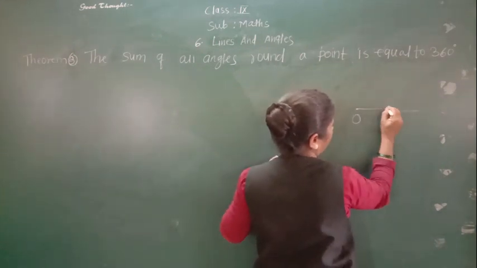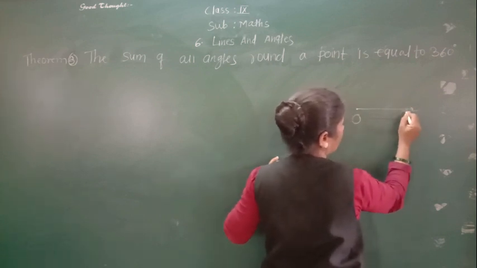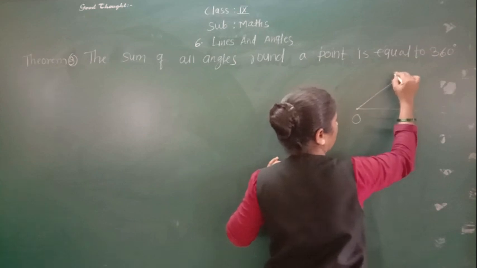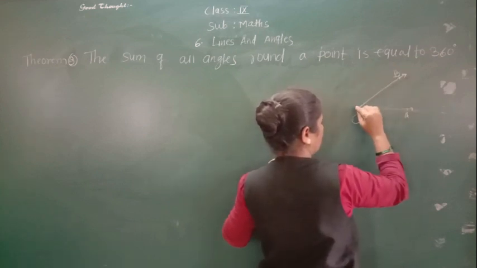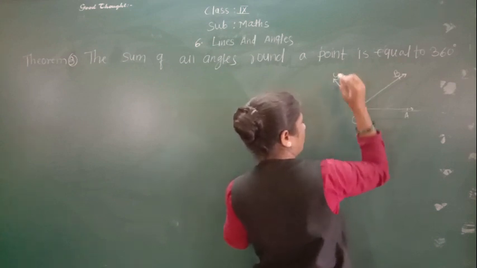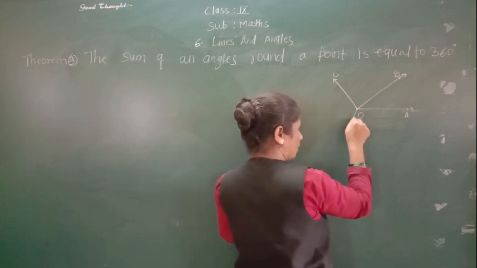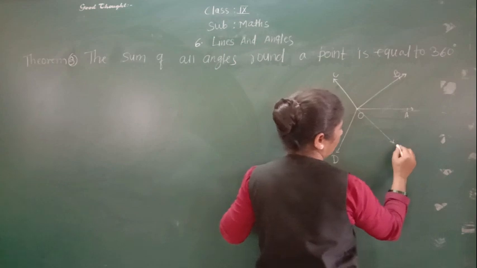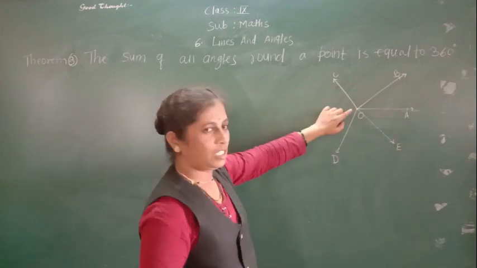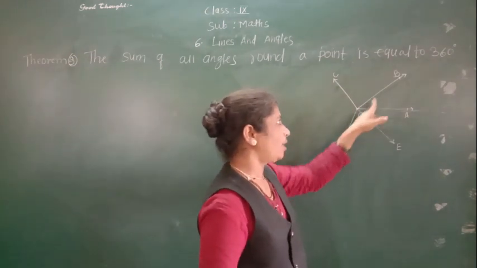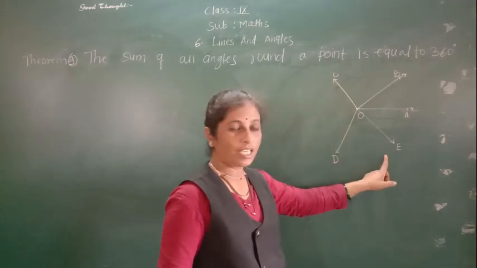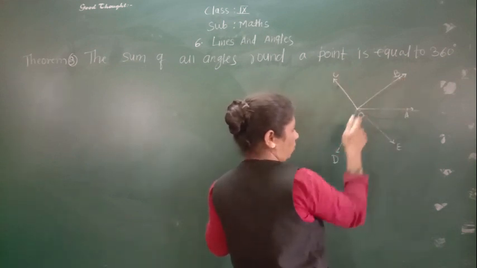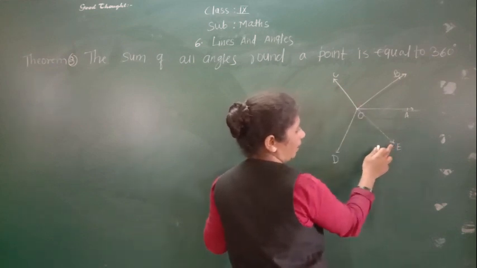Here, this is A, B, another ray C, this is D, this is E. Now see, O is the point, and rays OA, OB, OC, OD and OE make angles: angle AOB, angle BOC, angle COD, angle DOE and angle EOA.